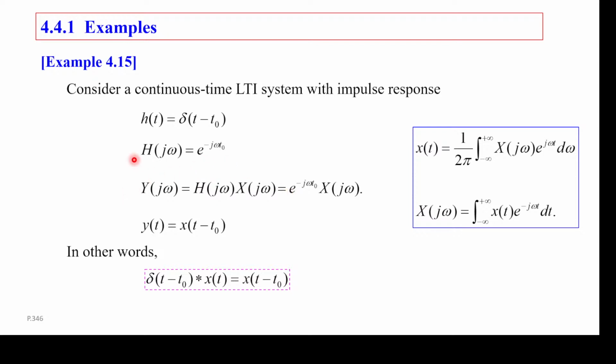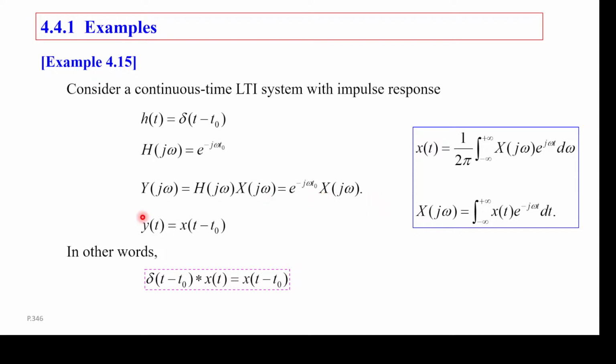As we said, the output big Y will equal big H times big X. So the Fourier transform of your output signal will equal e to the minus j omega t0 times your big X of j omega.